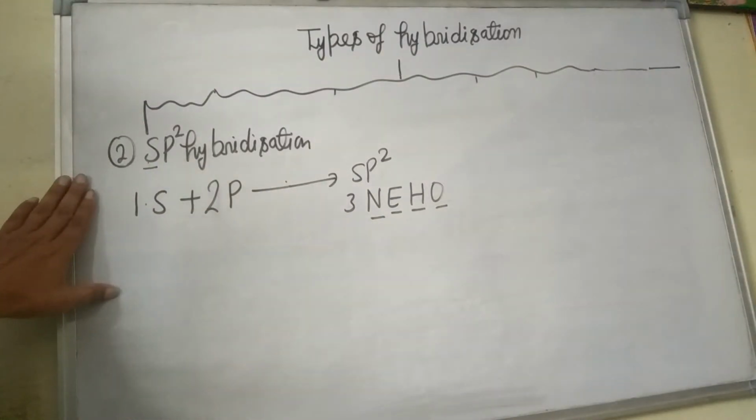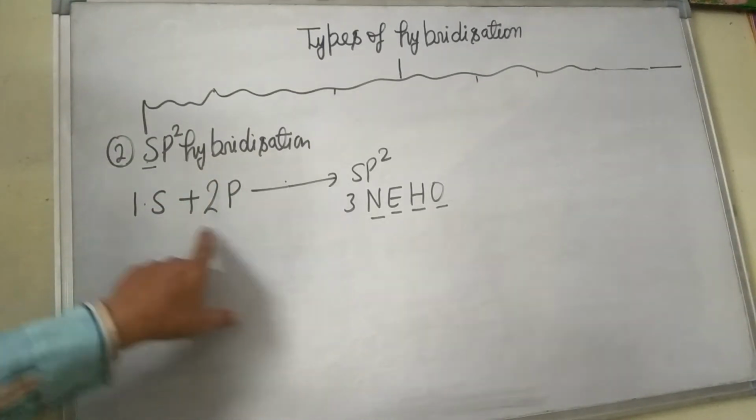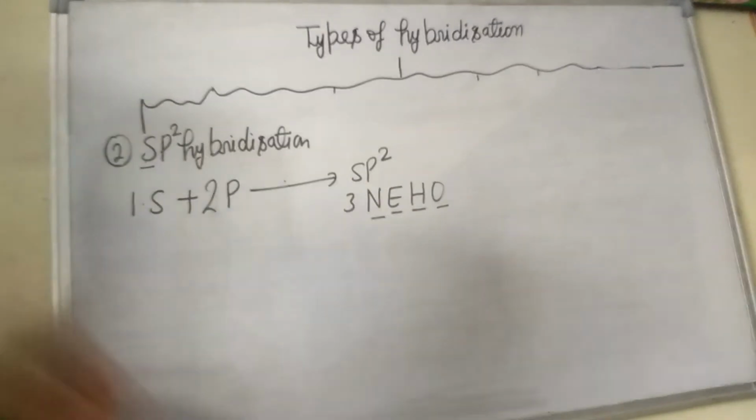What is sp2 hybridization? When one s orbital and two p orbitals mix together to form 3 new equivalent hybrid orbitals, this is called sp2 hybridization.